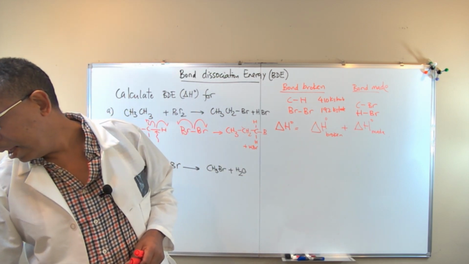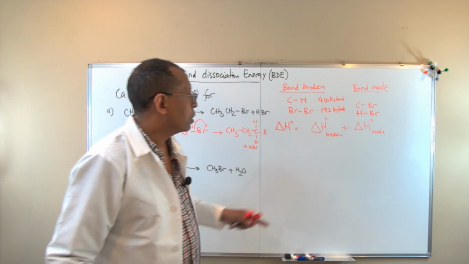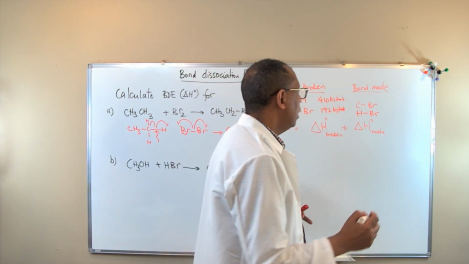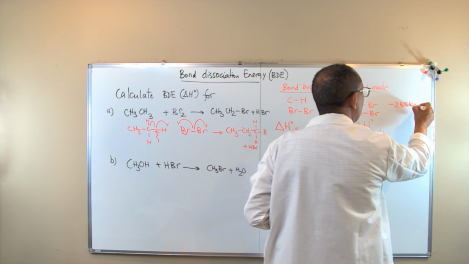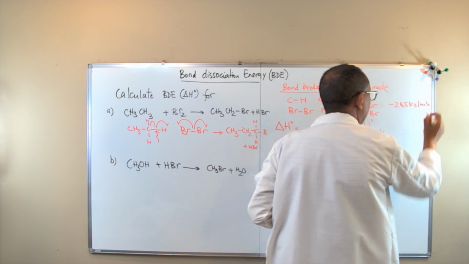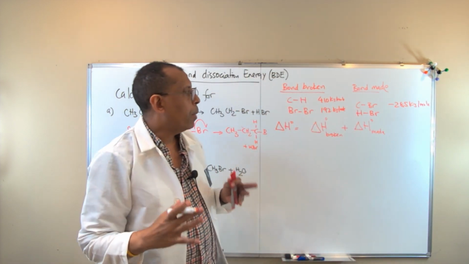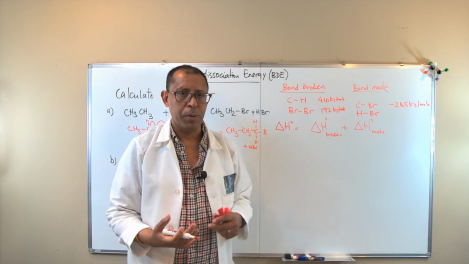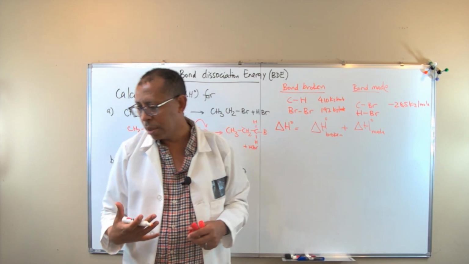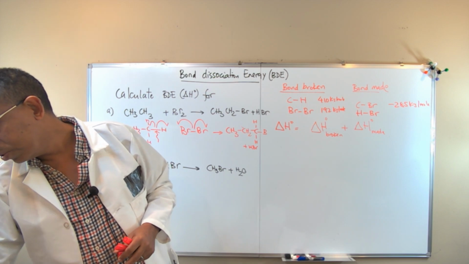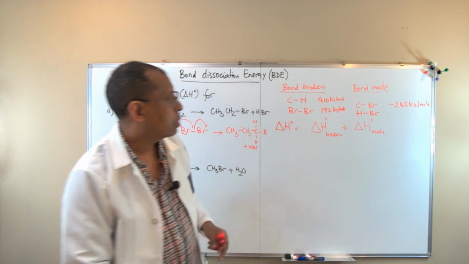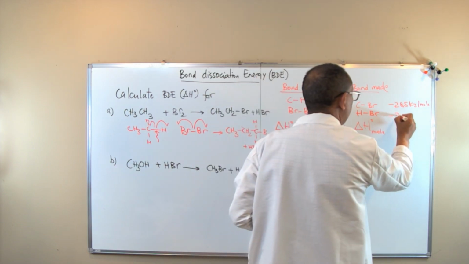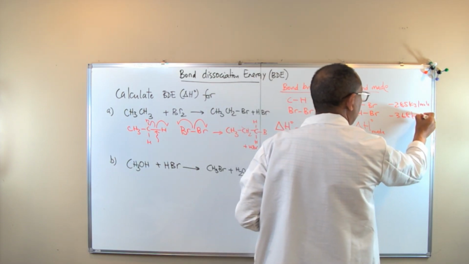And the C-Br bond, when it's made, is minus 285 kilojoules per mole. It tells us that bond making is an exothermic process because you are generating a more stable situation. And the HBr is minus 368 kilojoules per mole.